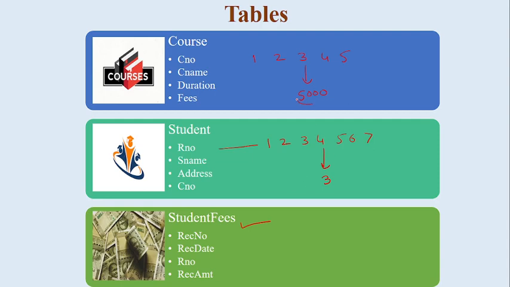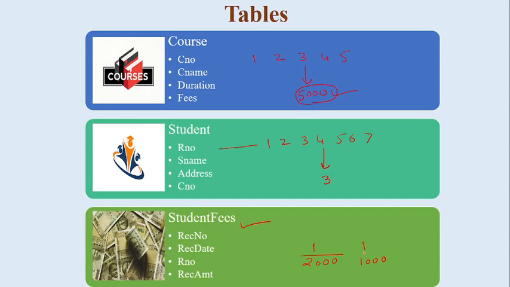So he has to pay total fees 5,000 rupees. In this student fees table, student can pay this fees in installments. Like he can pay 2,000 rupees, then after few days or after few months, he can pay again 1,000 rupees.